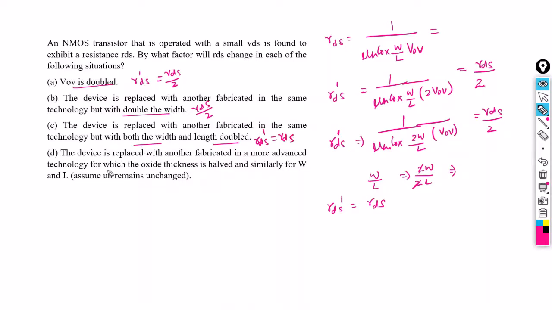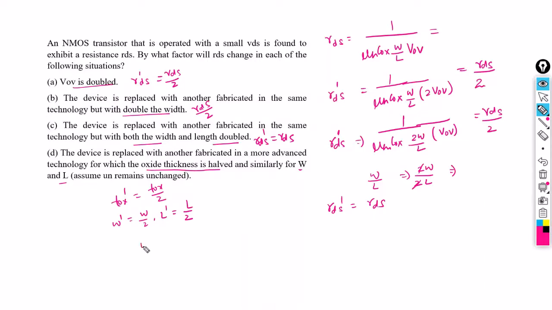Now in last part it is given as the oxide thickness is half and width and length also half, which means your TOX dash is TOX by 2, W dash is W by 2 and L dash is L by 2. As we were doing in part C, we are now reducing our width and length by same factor.